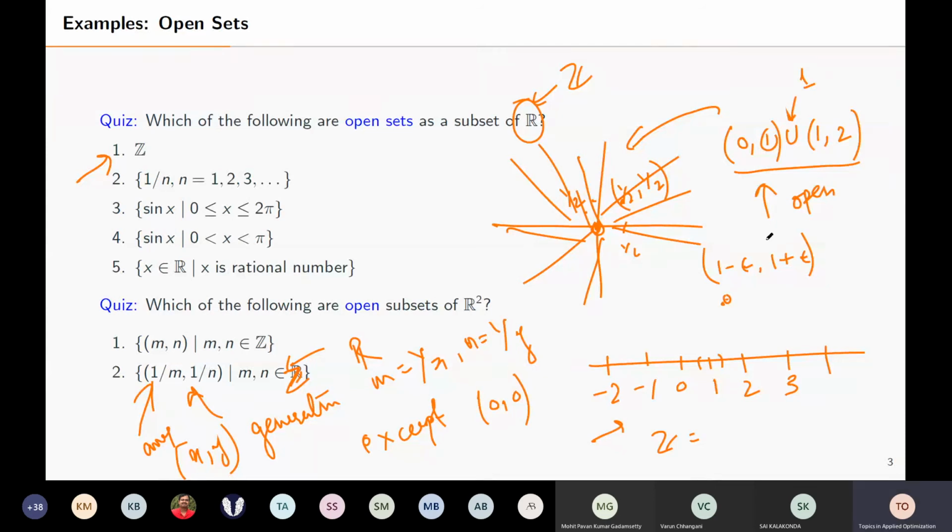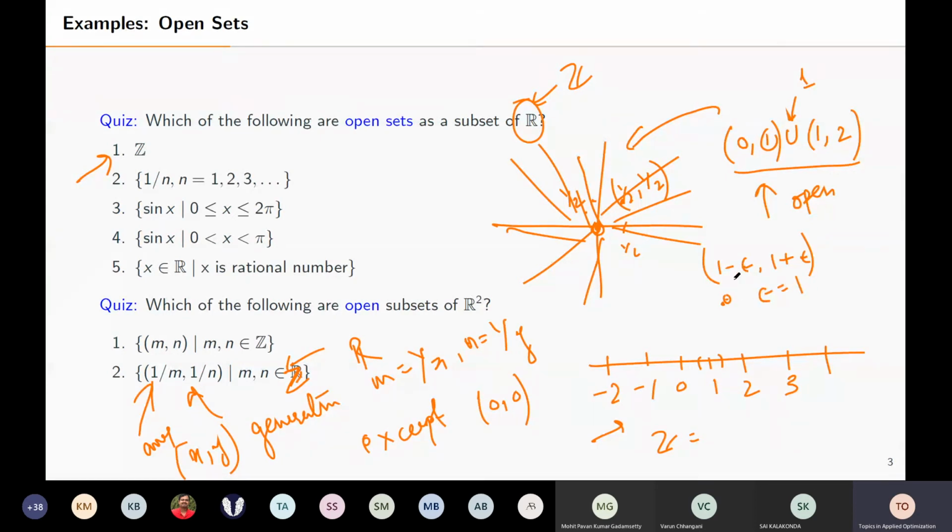The question was, if there exists an epsilon, so I have to produce one epsilon such that... what epsilon should I choose? One. Yeah, so let us choose epsilon to be 1.